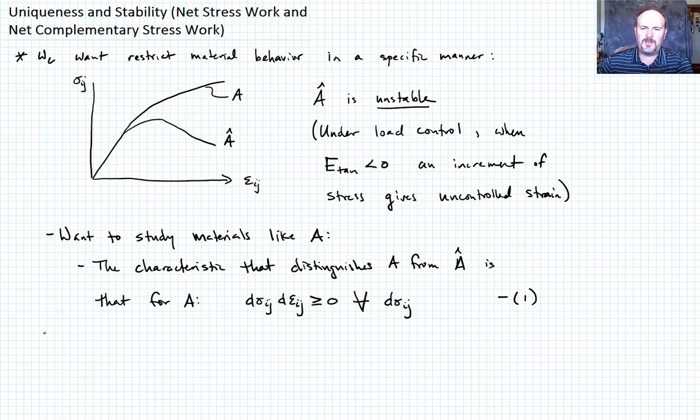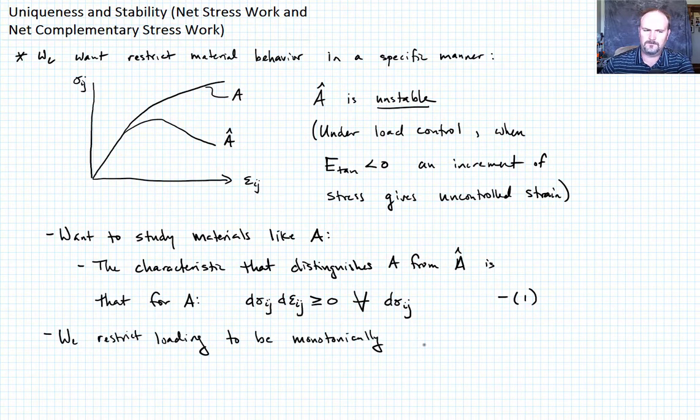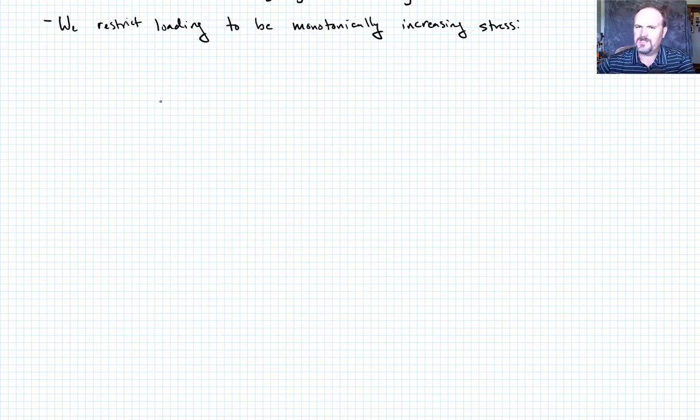Okay, so now we're going to talk about a specific type of loading. We want the loading to be a monotonically increasing stress. So we restrict loading to be a monotonically increasing stress. What do I mean by that? Well, let me draw what my loading is going to look like in stress space. So this is just sigma ij and maybe some other sigma ij.